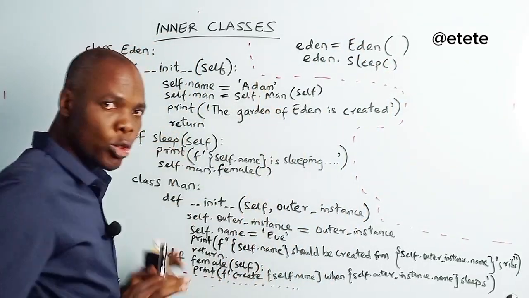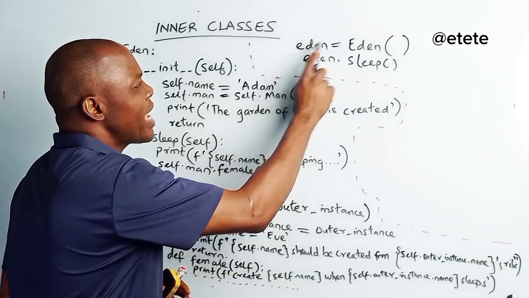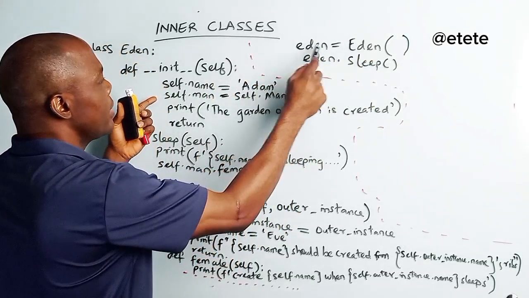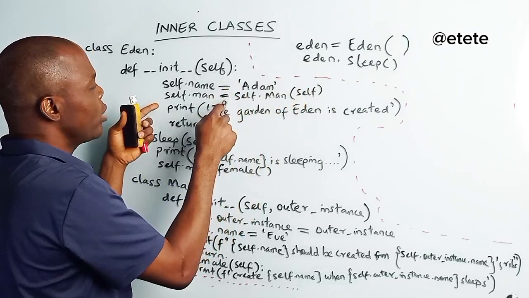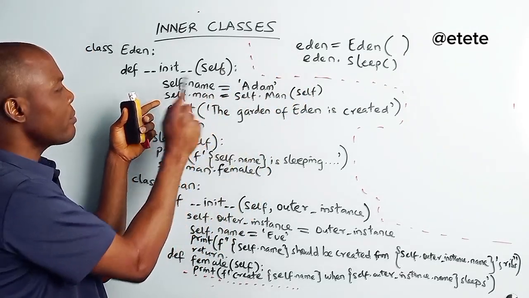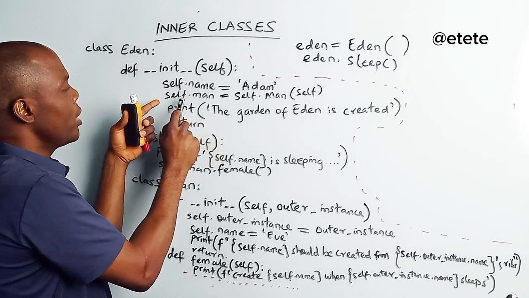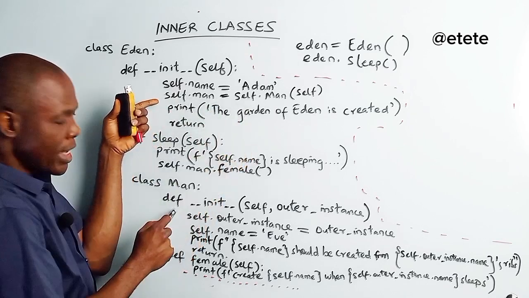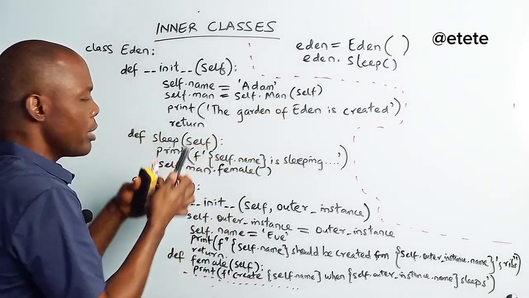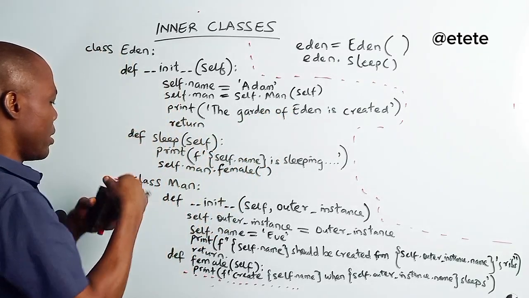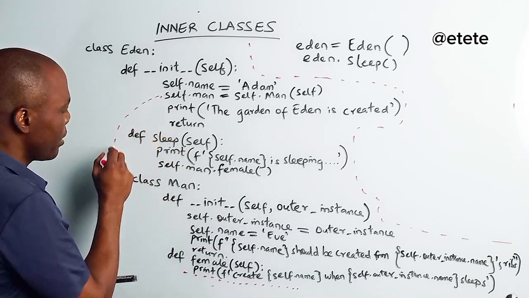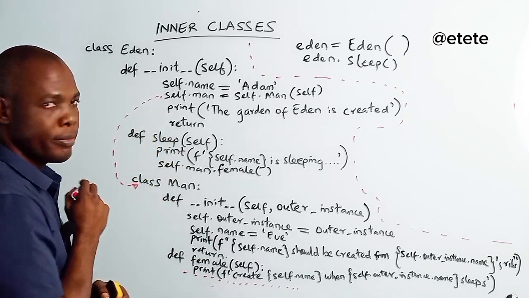Now, how is this going to work? When I instantiate this outer class, it will come in here. This hidden will be given to self, and then it will come in. Internally, I will give Adam to name. Then it will come here. It will instantiate this inner class at this point. So control will now be given like this. Control will go from here to this guy.